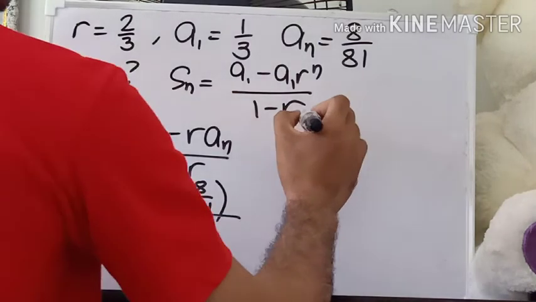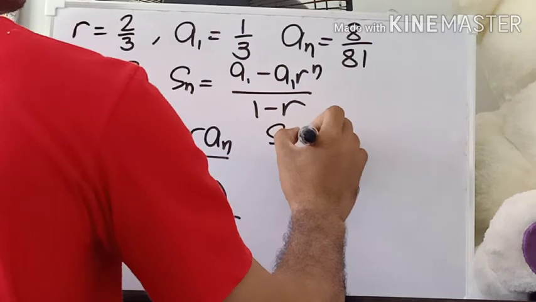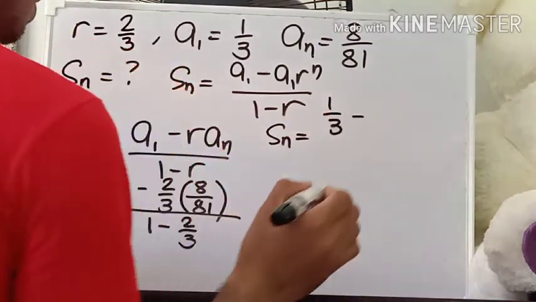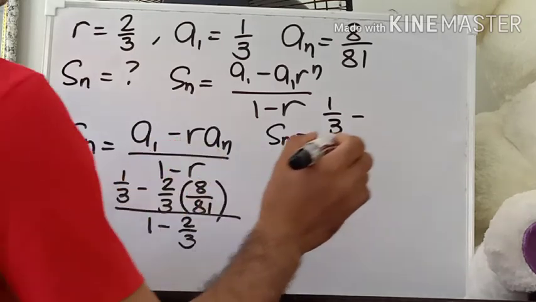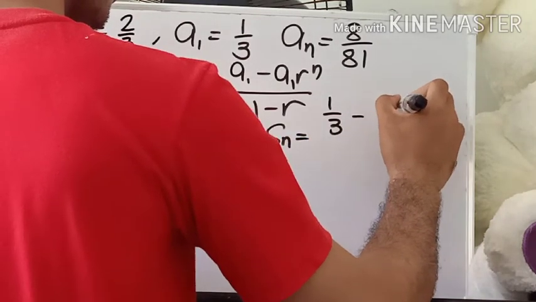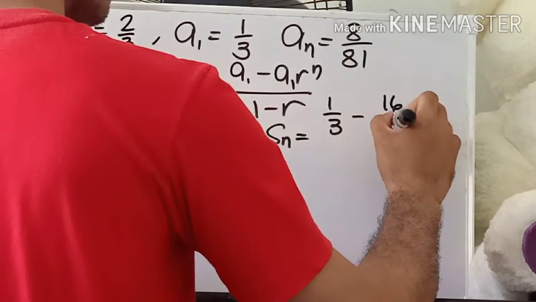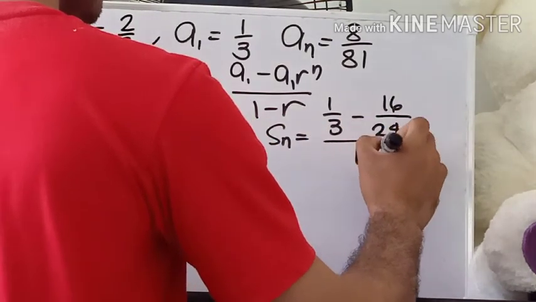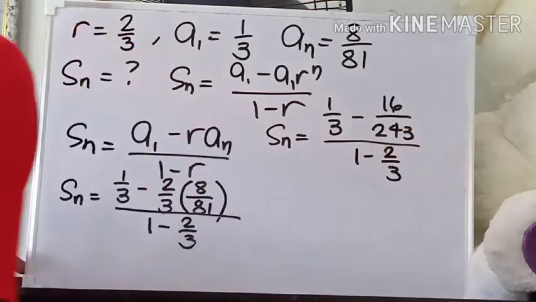Okay, and simplify it further. You have S sub n equals 1/3 minus 2/3 times 8 over 81, which is 16 over 243, over 1 minus 2/3.